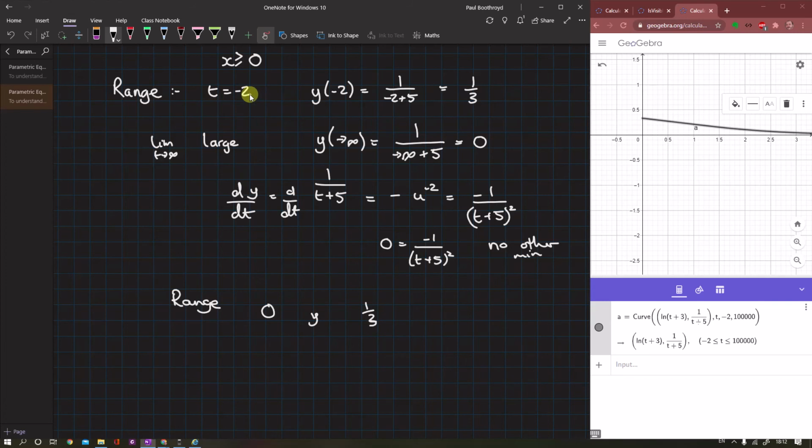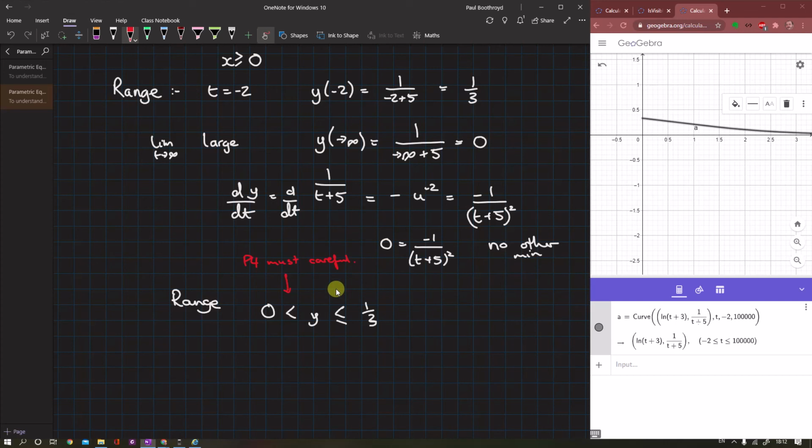We are allowed t is -5 and therefore 1/3, but we're not allowed to go to 0 because it never gets to 0. And in P4, that is important. P4 must be more careful about the signs.